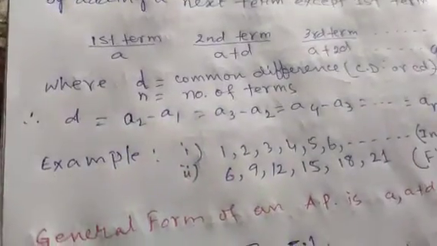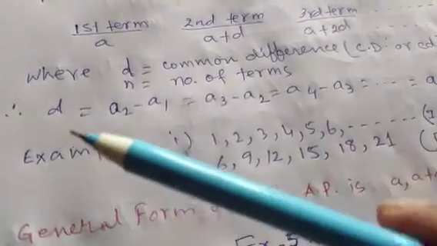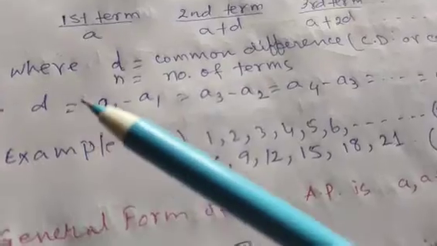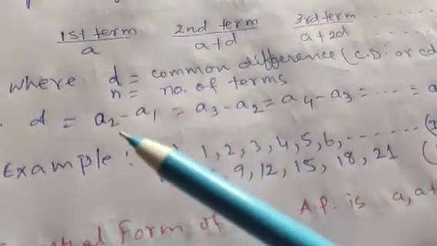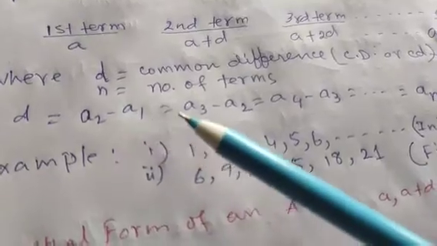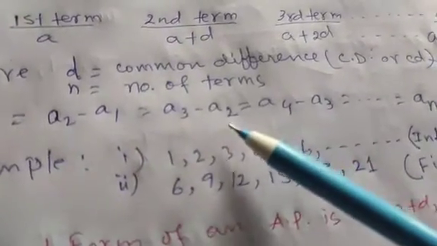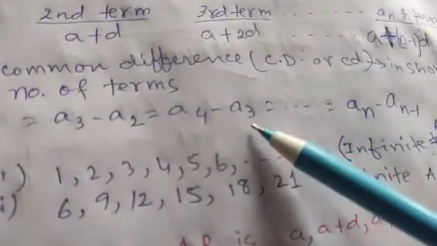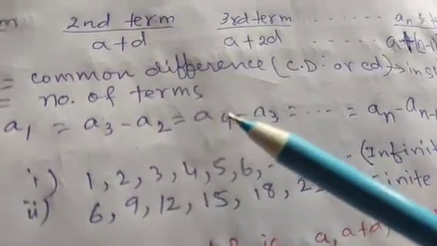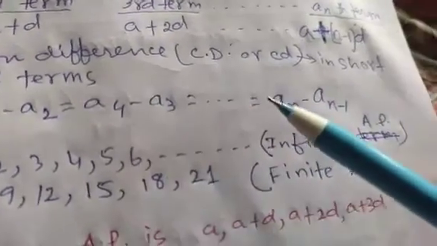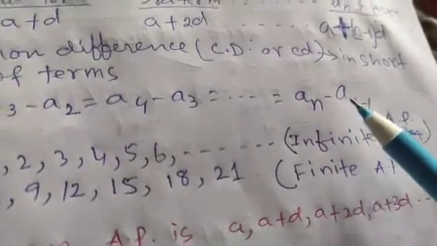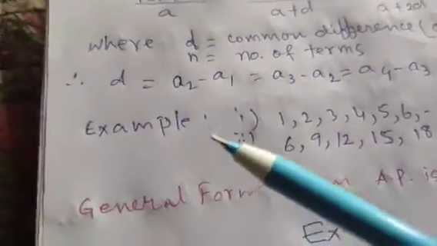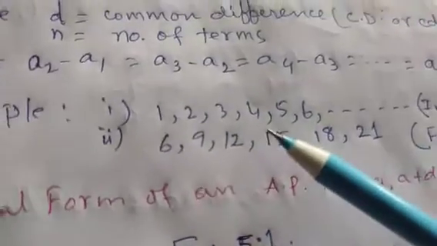D we normally write as second term minus first term, means A2 minus A1, or A3 minus A2, or A4 minus A3, means next term minus previous term, up to An minus A(n-1). Suppose example 1, 2, 3.